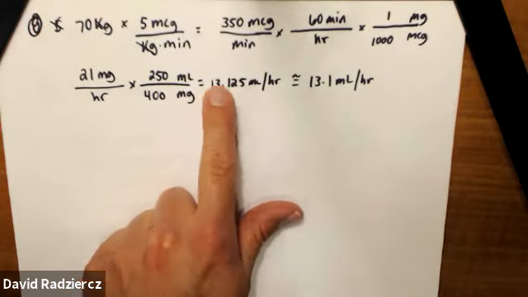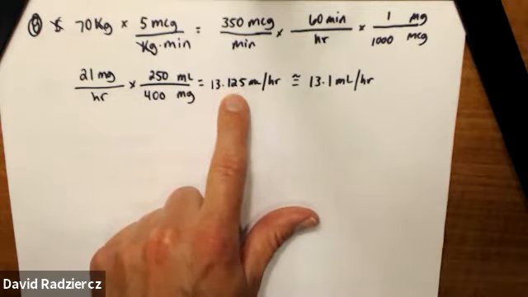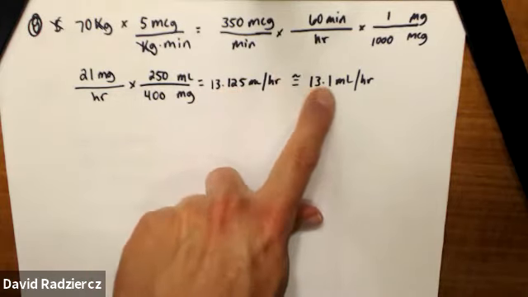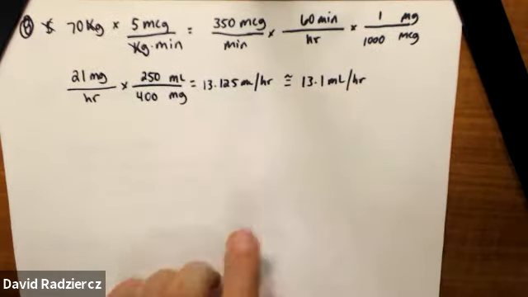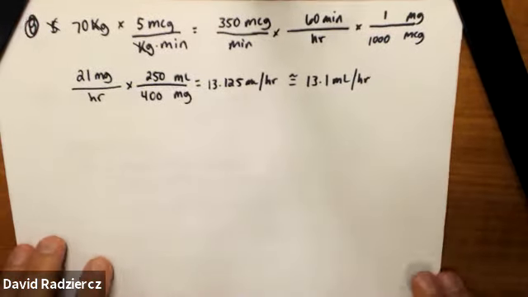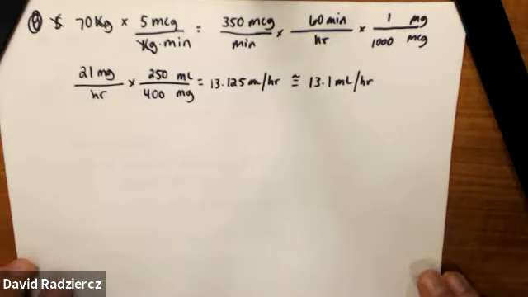Just to cover yourself, I would write both answers. I would write what the actual answer is and then show that you're rounding it to 13.1, and that should be fine if you get a question like this. I know this question is time intensive, but I think you can do it. Just take your time, follow the steps. You should be okay.